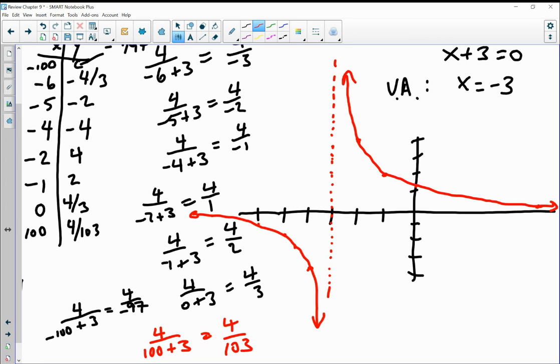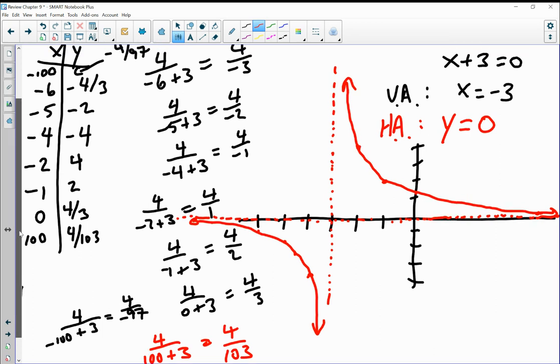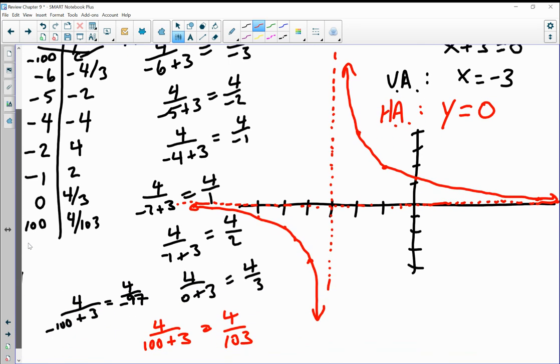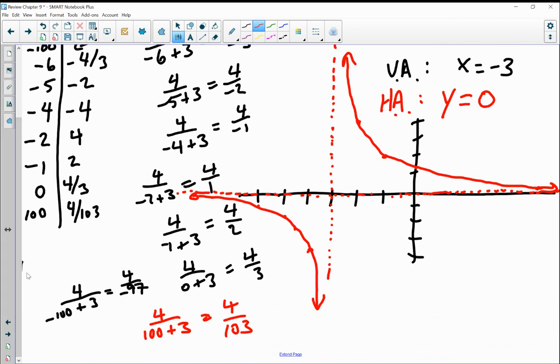So we have a vertical asymptote, x equals negative 3. Now let's fill in the horizontal asymptote. The horizontal asymptote would be our x-axis, y equals 0. Intercept-wise, it looks like we won't have an x-intercept, because we'll never have this function equal to 0.